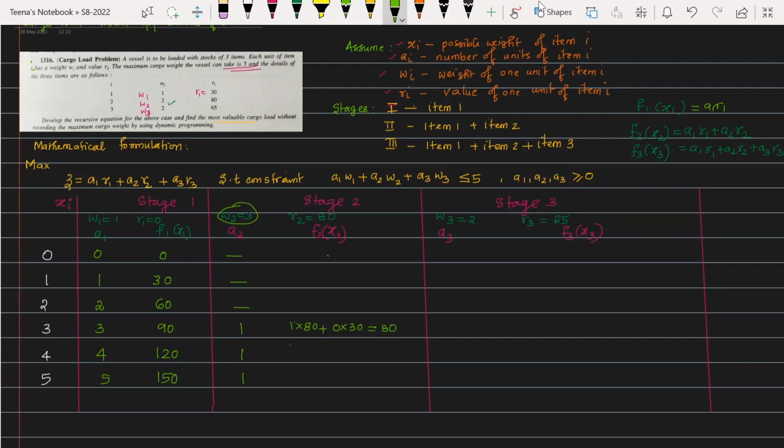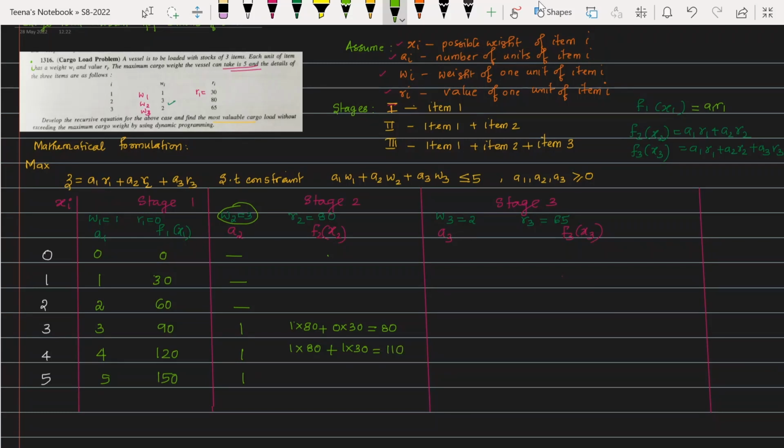So 1 unit of item 2 has value 80. Then 1 unit of item 2 will give you only a weight of 3, and therefore 1 more unit of weight is required. So 1 unit of item 1 is also taken, and therefore as a whole the value is 110.